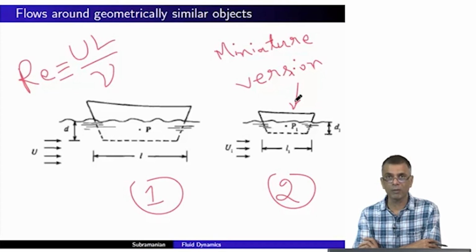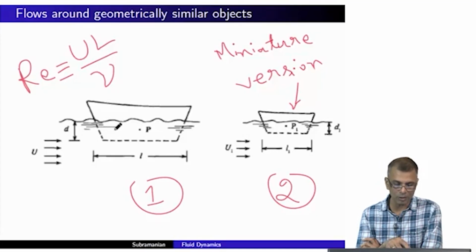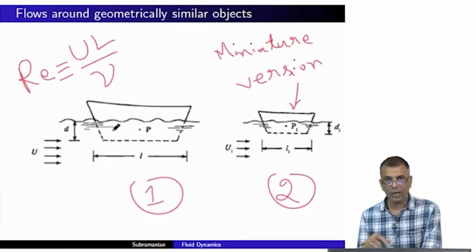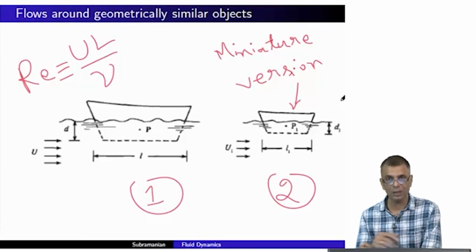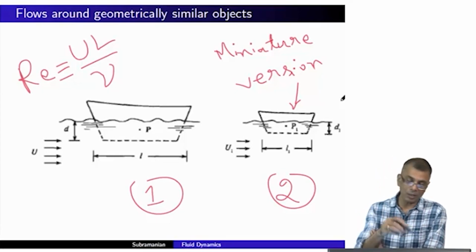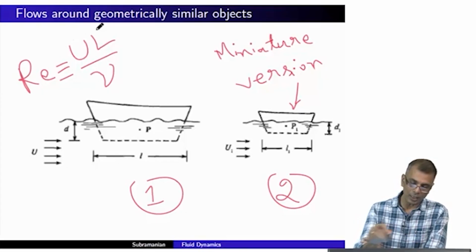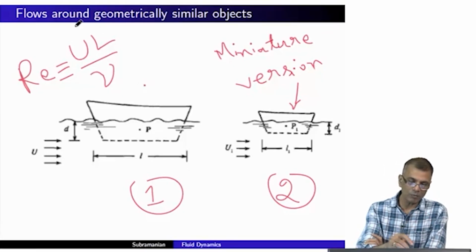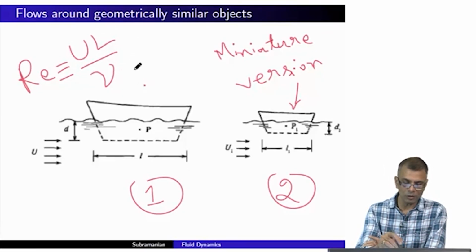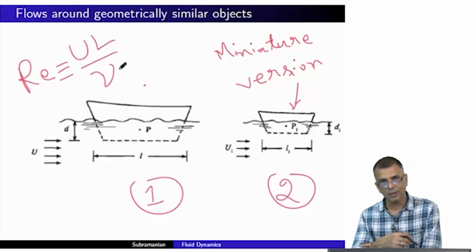Can I perform experiments? Suppose I was interested in the dynamics of water, say seawater for instance, on the large scale ship. Can I have the very same material? Can I have the same seawater in this experiment that I'm doing with the miniature object? The answer is no, because both the U and the L in this situation are different from the U and the L in this situation. And if I have to keep the ratio constant, I have to change the nu, right?